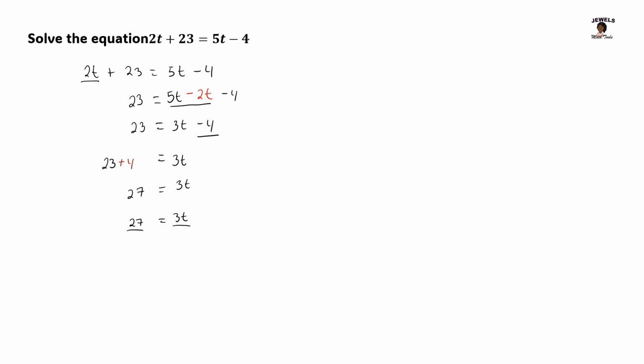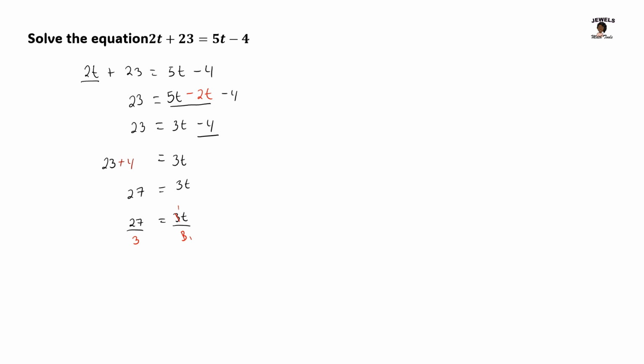So since 3 is the coefficient being multiplied to my variable, I will be dividing both sides of my equation by 3. Remember, I'm solving to get my variable t by itself, and since 3 is with t, I'm going to divide by 3 so that I can get rid of that 3 and have t by itself. So 3 divided into 3 will leave us with 1.